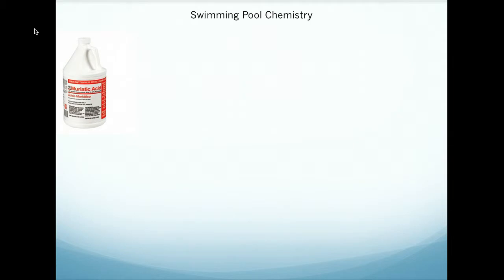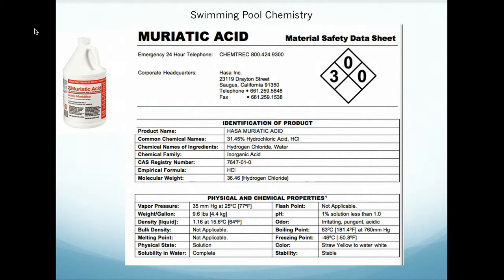Okay, so let's look up the MSDS, the Material Safety Data Sheet for the muriatic acid. Now, what's important to know on this MSDS? Well, we need to know that in this jug of muriatic acid, it's only 31.45% acid, and muriatic acid is also hydrochloric acid. The molecular weight of muriatic acid is 36.46 grams per mole.